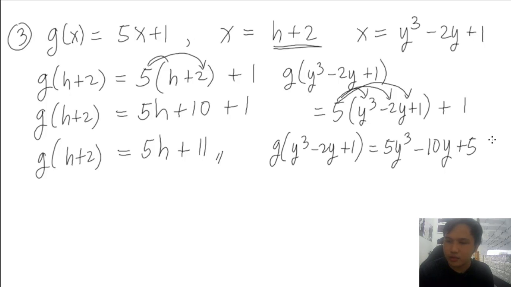Tapos, may naiwan na 1. So, plus 1. Or simply, 5 plus 1 para hindi na natin isulat. 5 plus 1 is 6. So, ito yung final natin na sagot. So, pag in-evaluate natin sa y cube minus 2y plus 1, magiging value ng function ay 5y cube minus 10y plus 6.